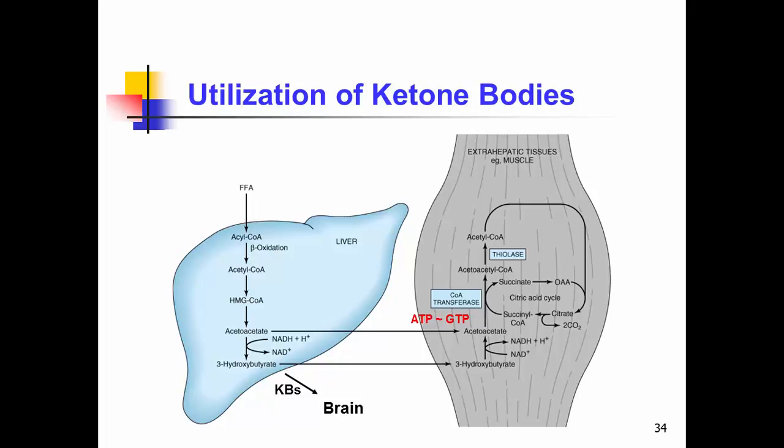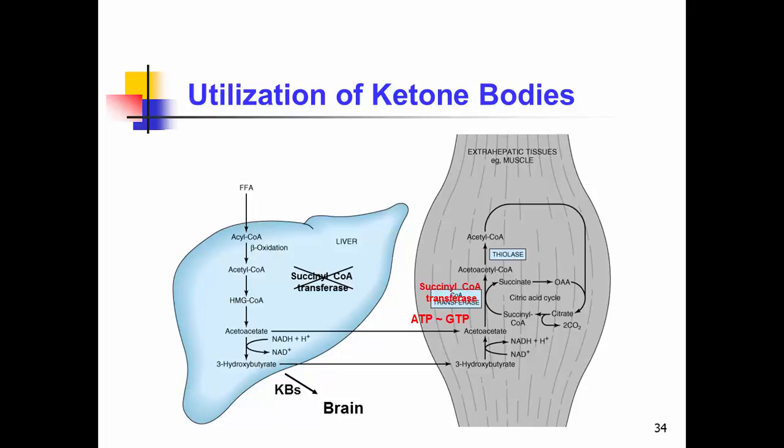The reason why the liver cannot utilize ketone bodies is that the liver does not have succinyl-CoA transferase, right? Try to remember this. Succinyl-CoA transferase is not present in the liver, so the liver only makes ketone bodies but cannot utilize them.